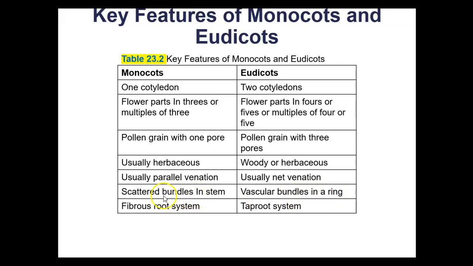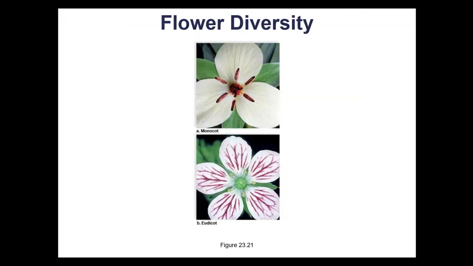In the stem of a monocot, the bundles of vascular tissue are scattered, and in dicots, they are in a ring pattern. Monocots tend to have fibrous roots. They're bushier, in other words, whereas dicots have a taproot system, one long taproot with just a few branches.